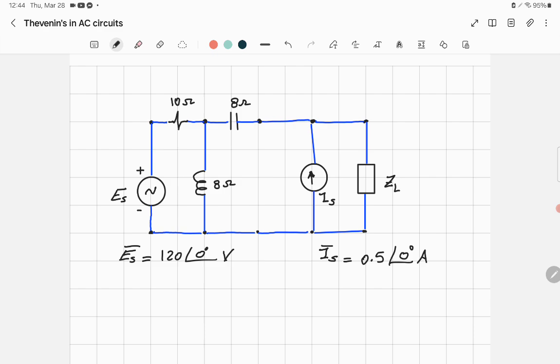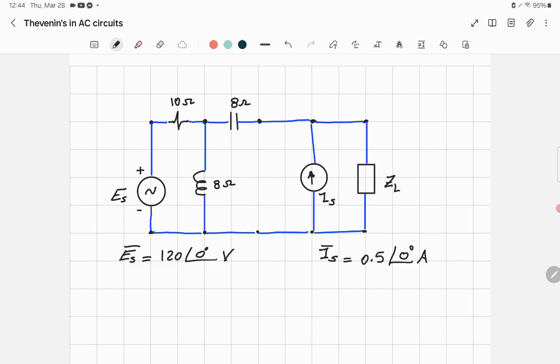So let me just remind you about Thevenin's. Thevenin's theorem is a powerful tool in AC circuit analysis and also DC. Why? It allows us to simplify complex networks into an equivalent circuit for analysis.